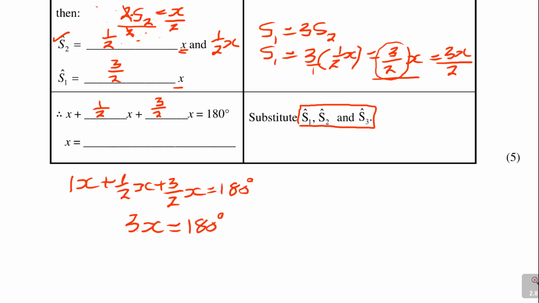Remember 3x is algebra, 3 times x. You divide by 3 on both sides to get x. So x is equal to 180 divided by 3, which is 60. So x is equal to 60 degrees. So you needed to work it out so that you can do that.